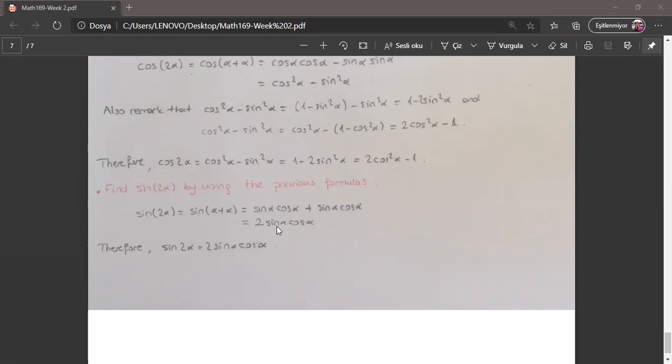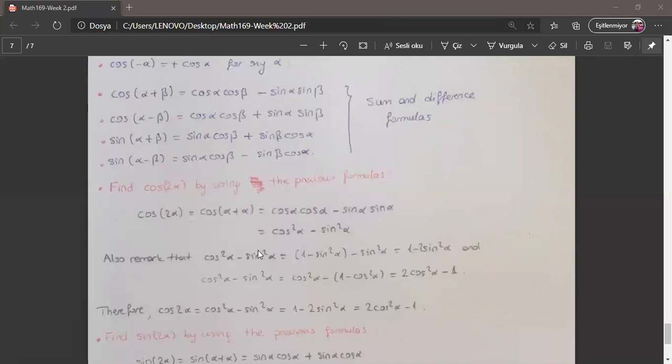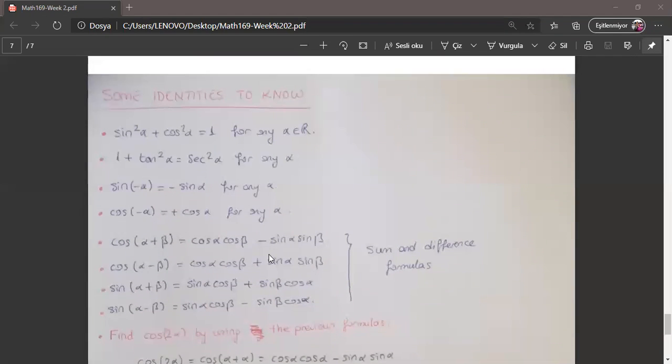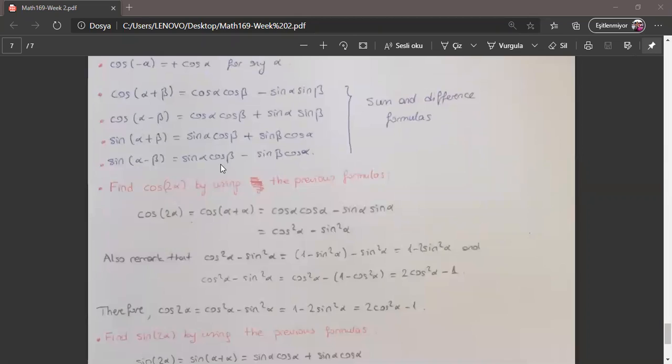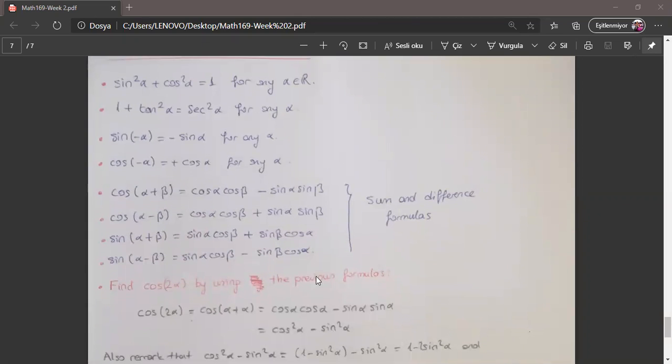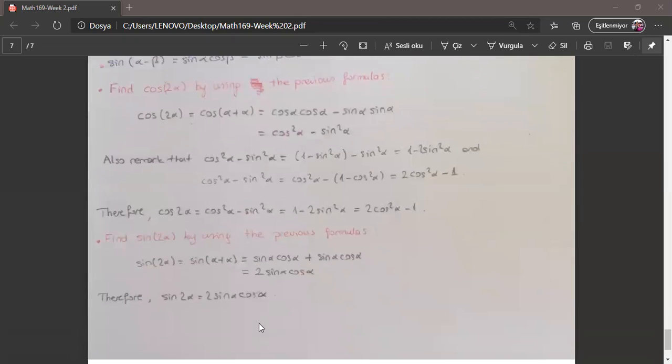So you get 2 sinus alpha cosine alpha. Therefore you get sinus 2 alpha. Again, you should know this identity too. So this one was kind of a recall, but we will use all of them. So you need to memorize them.